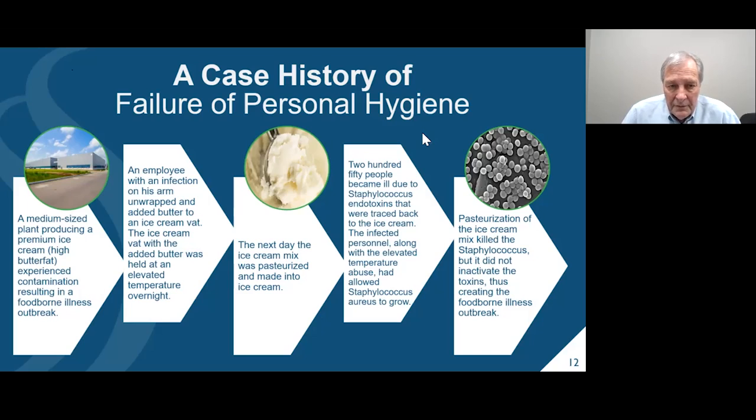The next day, they pasteurized the ice cream mix, which killed the staph bacteria, but it did not inactivate the toxin. The result was 250 people got sick from the Staphylococcus enterotoxin. This lesson should be made that everybody should adhere to strict policies of personal hygiene and plant policies.